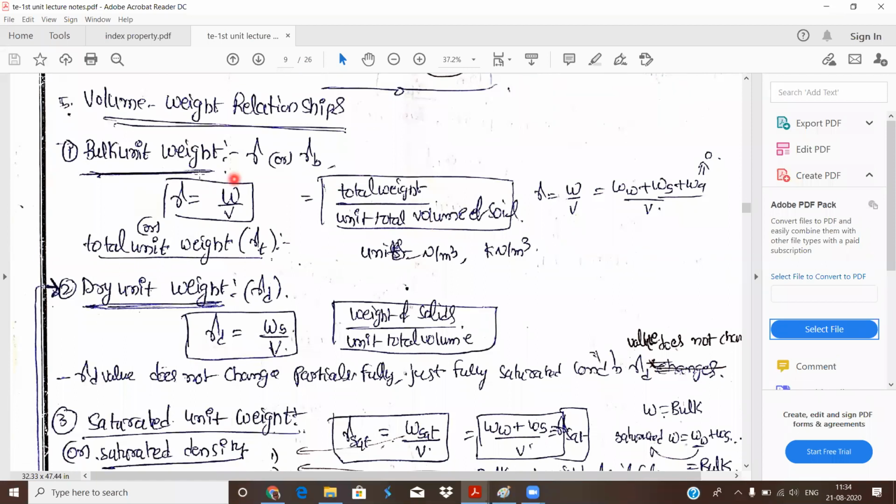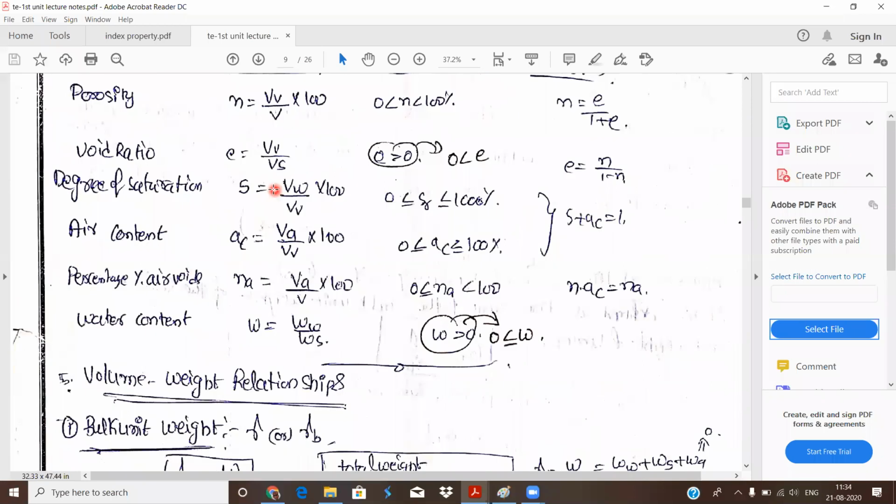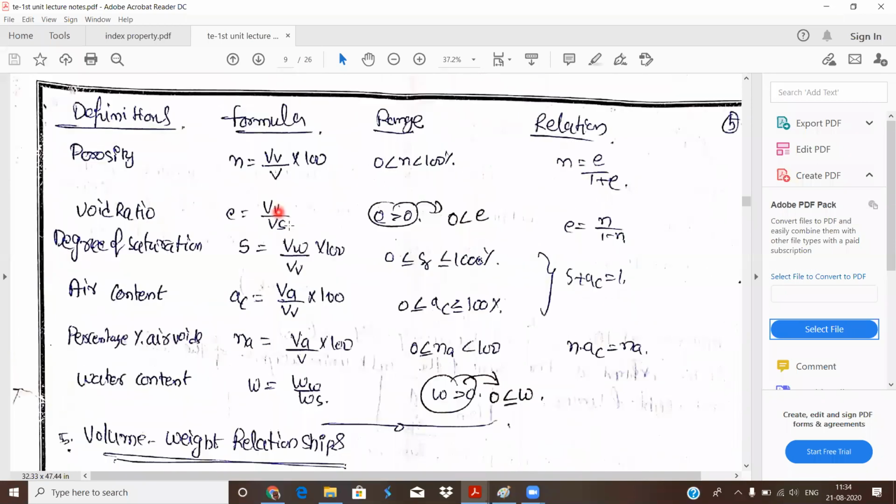In this one, bulk unit weight, bulk means total. It is represented by gamma. In the above formulas, if you consider, it is only volume by volume, while for water it is weight by weight. Here in all these cases we have weight by weight or volume by volume.